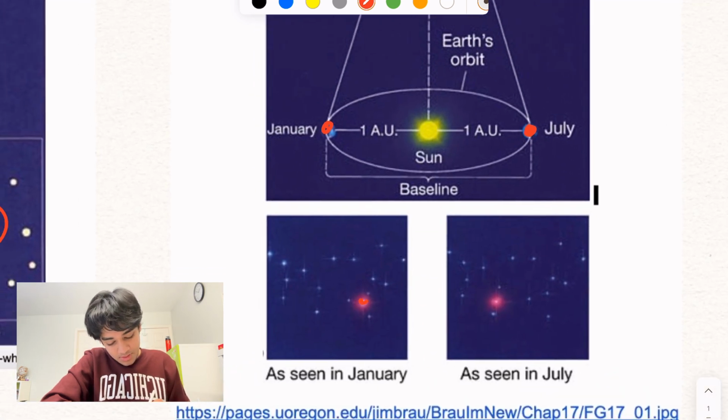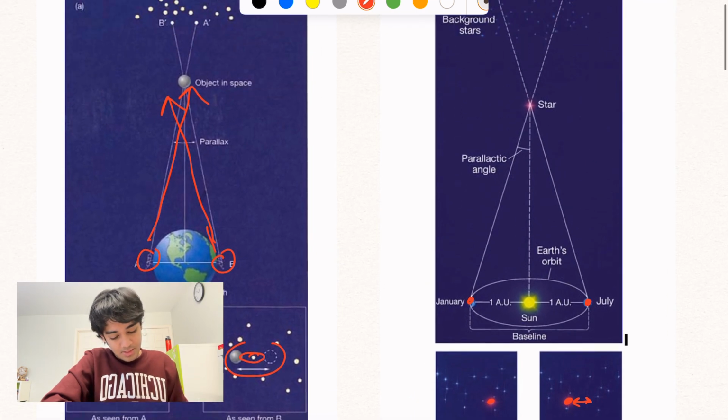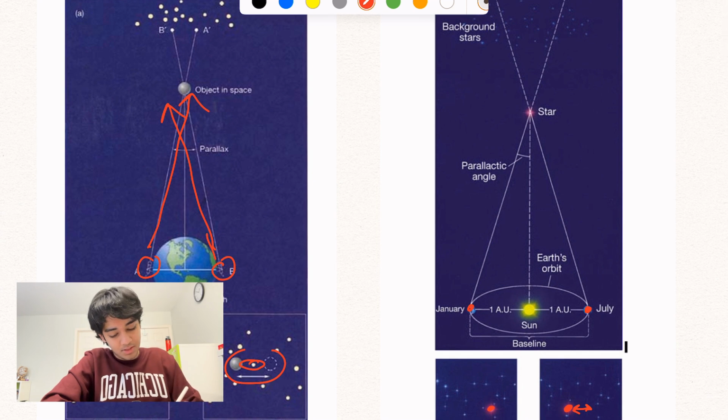One object is on this side of the sky, another is on this side of the sky, and there's going to be a little shift between them. Again, using the same trigonometry, we can calculate the distance between us and the object, because we know the distance from the Earth to the sun. We know the angle of separation. From that, we can find the distance.